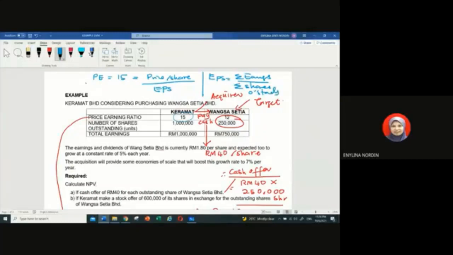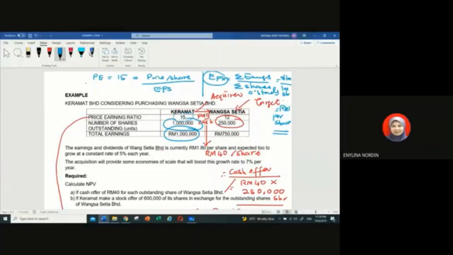Total earning is 1 million ringgit, and you divide by the number of shares currently outstanding in Keramat, which is 1 million shares. So that means the EPS is 1 ringgit per share. This EPS is substituted into this formula.